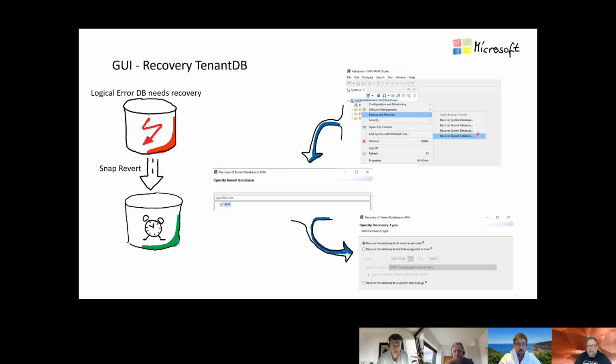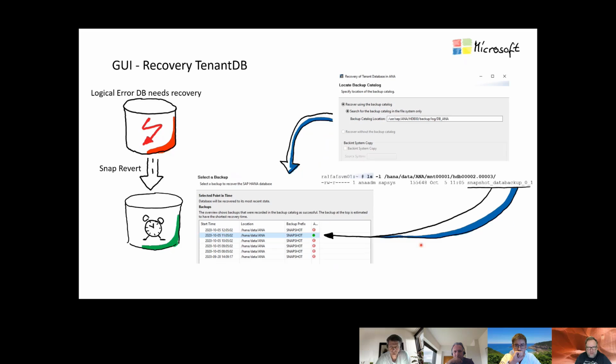After the system database is restored, you recover the tenant database. Same as what we have done on the command line, the same works here as well. From the portal, you go to recover tenant database. You mark which database you would like to recover, and then recover the database until the most recent state. You specify again the same things: your log backup location, and also for a tenant database you see that snapshot folder.